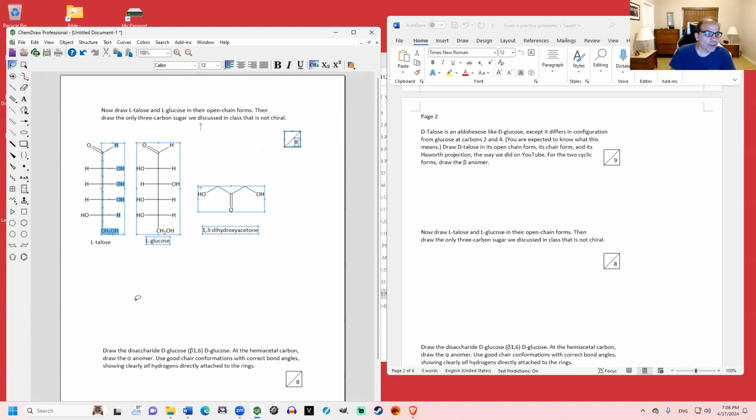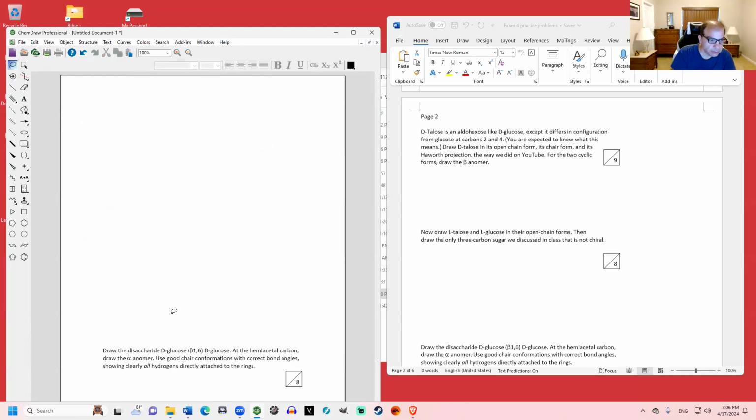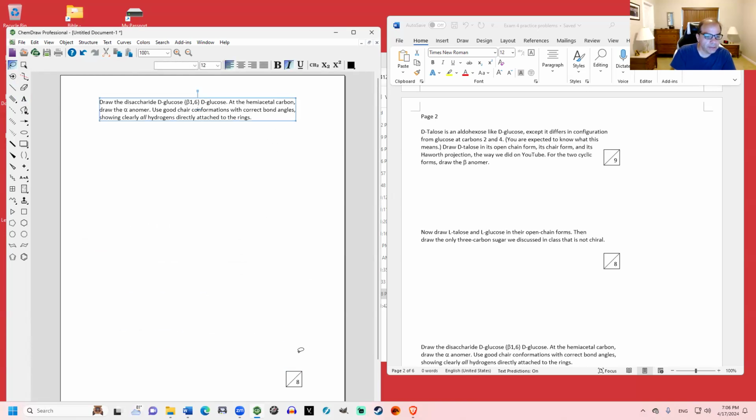Then it says to draw a disaccharide. That we're going to cover in class on Friday. But let me show you the basics of how to do it. It says to draw the disaccharide D-glucose, then a beta-1,6 linkage, then D-glucose.